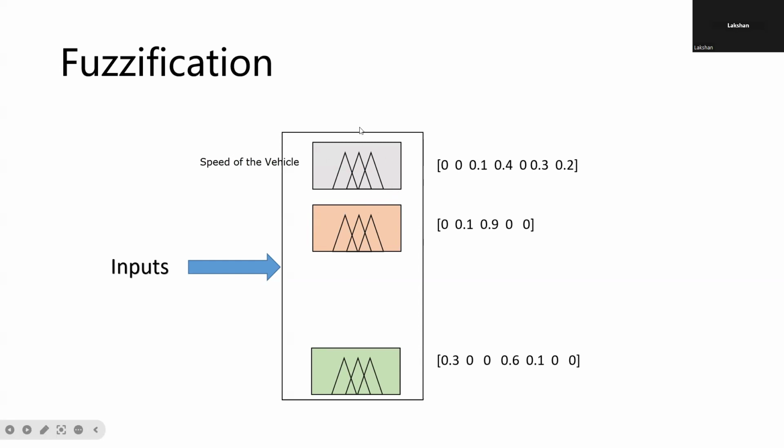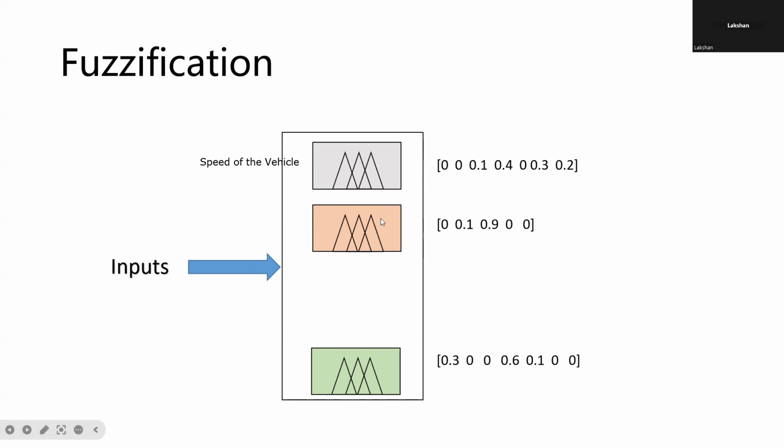So you can have inputs depending on that. We can define fast, very fast, slow, very slow, or average speed.